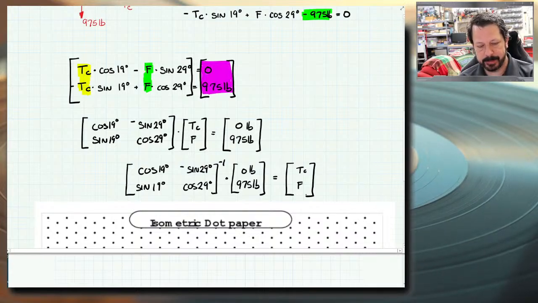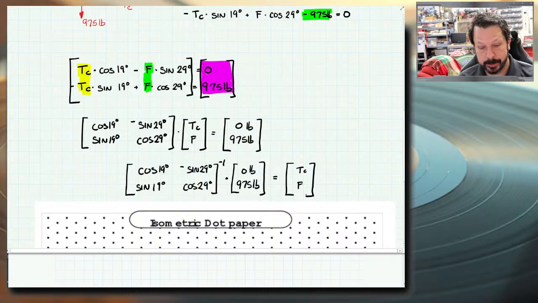And so on the left-hand side, it actually becomes just 1 times TC over F, or the TC F matrix. And when I solve this, I'll get values for TC and F.